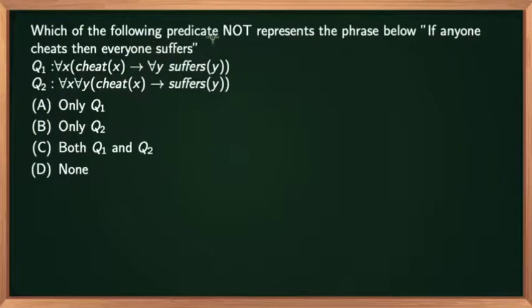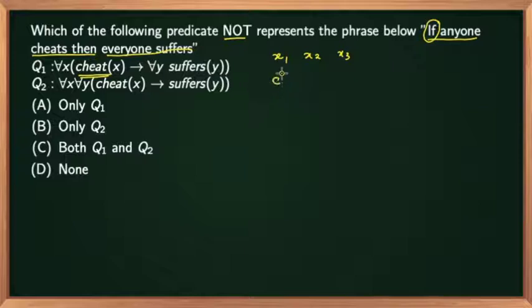Which of the following predicates does not represent the below phrase? If anyone cheats, then everyone suffers. So let's assume you have a domain of x1, x2, and x3. It says if anyone cheats, remember this, there is an if here. So let's assume cheat of x denotes x is a cheat or not.